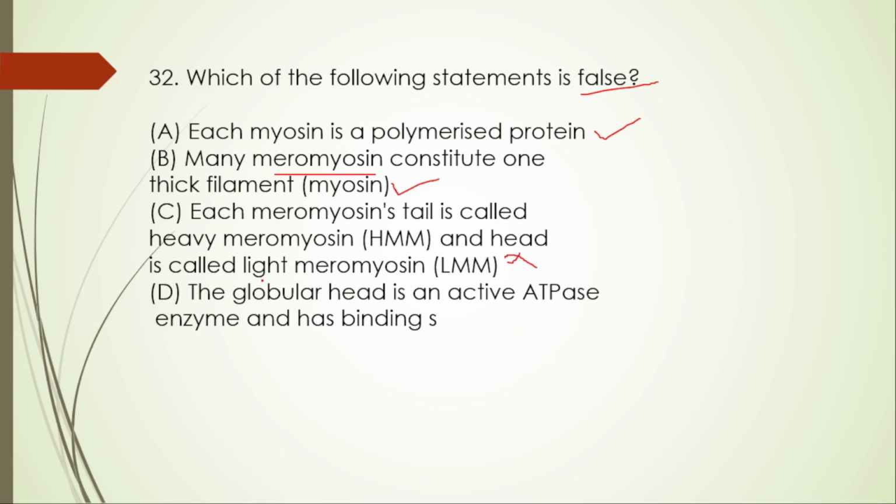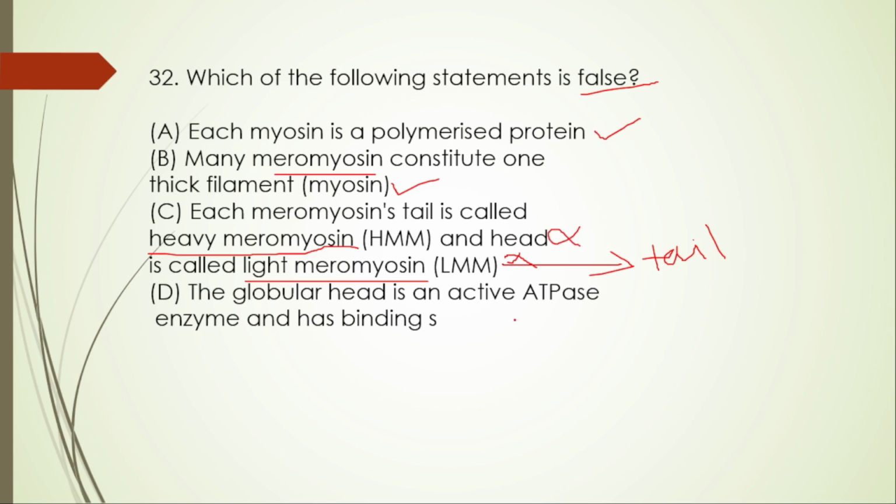Tail is called light meromyosin, not the head. Tail is called LMM, and heavy meromyosin is the globular head. So this one is for head, this one is for tail. So here they gave the opposite.